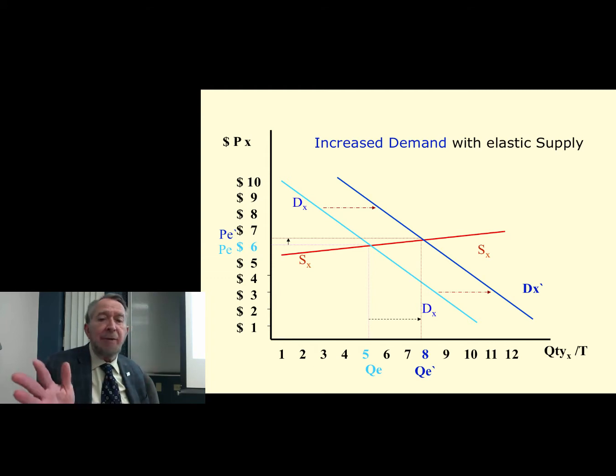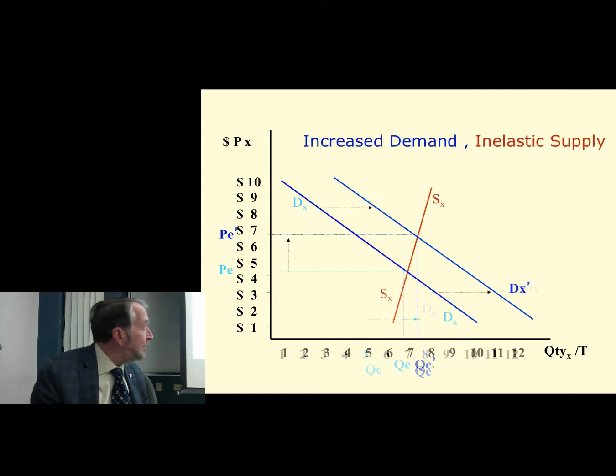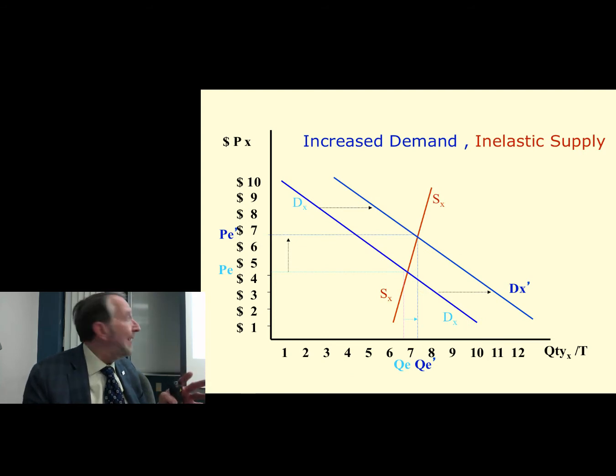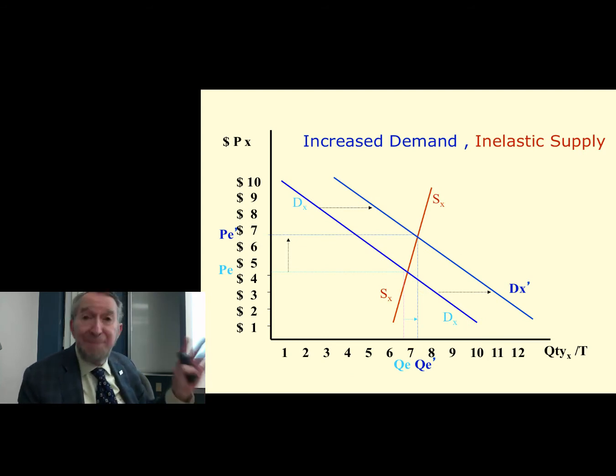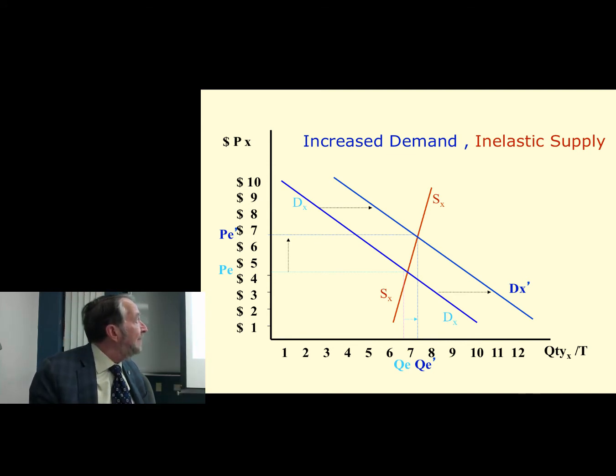Notice demand increases and price goes up, but not very much. And quantity goes up by a much larger amount. So if supply is more elastic than demand, the quantity response is bigger than the price change. If instead, for the same change in demand, I have an inelastic supply, then there's a bigger price effect, right?